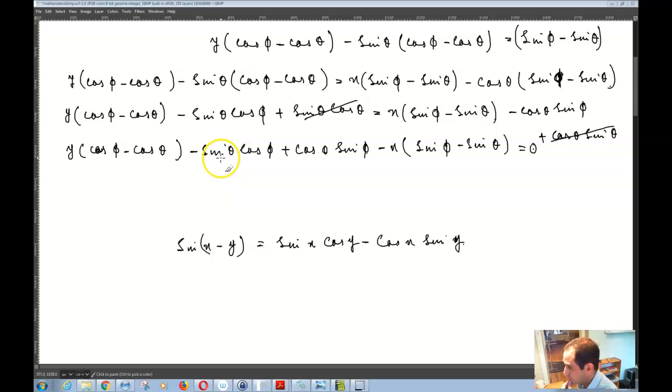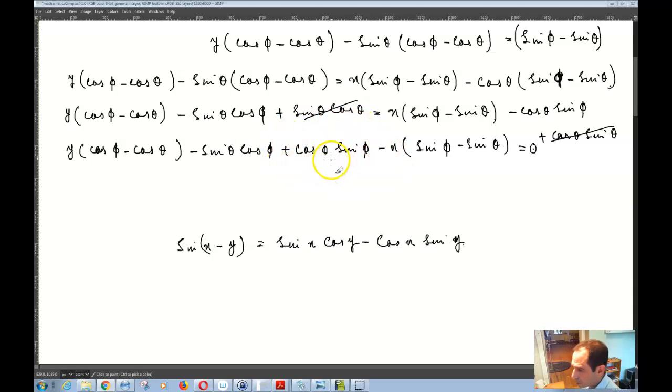There is still something wrong over here. x plus y. So let me see. For whatever reason it's not really possible to understand what they have done in this solution, so I'm just going to do my own thing. So over here you see that I have sine theta cos phi and cos theta sine phi.